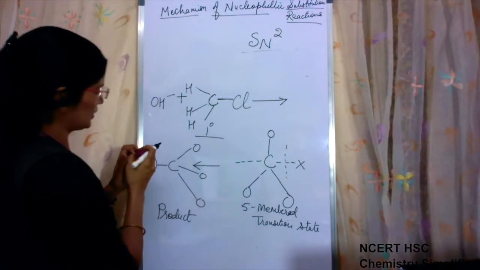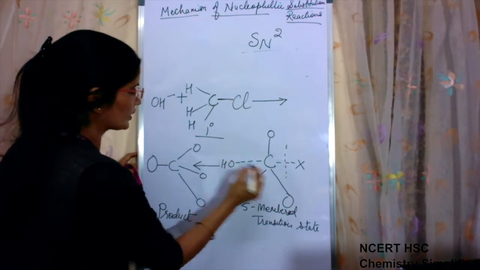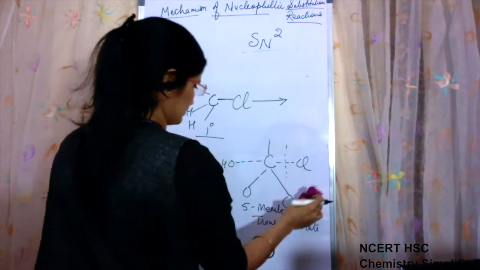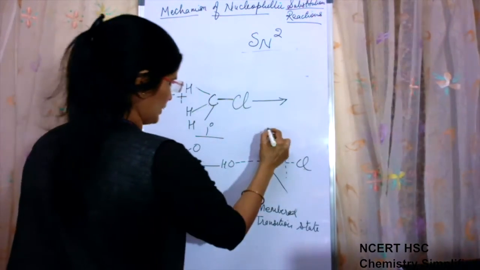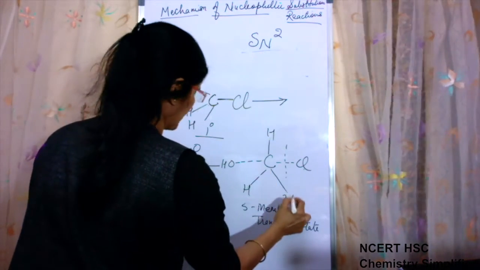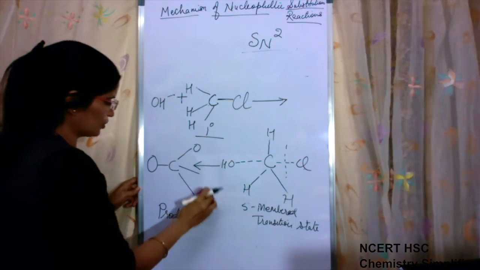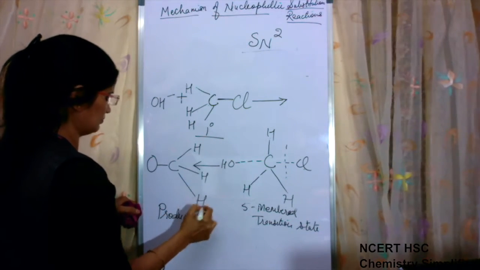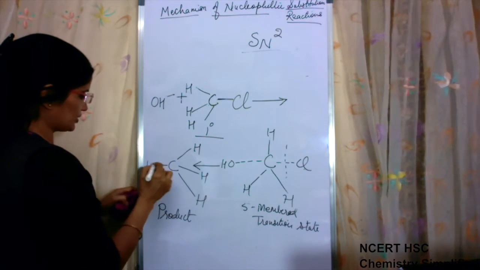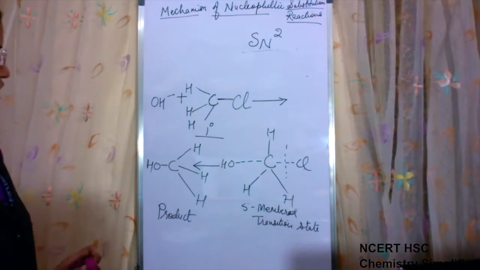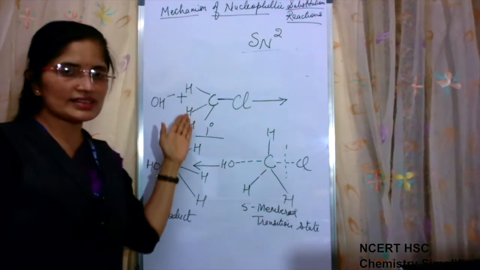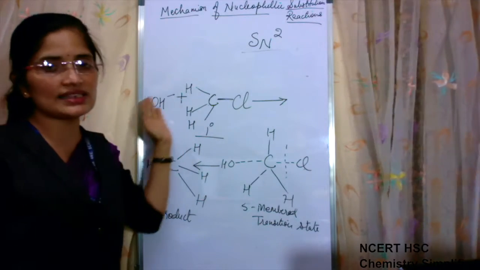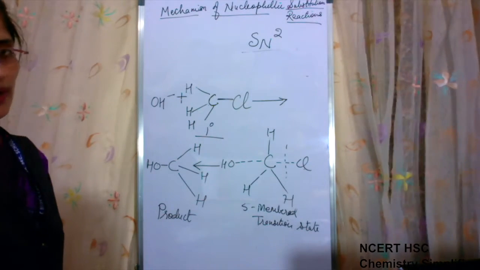Like this. This is OH, this is Cl, these are H, H and H, and finally in the product, OH. Okay. So the smaller the molecule, or you can say the less bulky the molecule, the easier the SN2 mechanism.